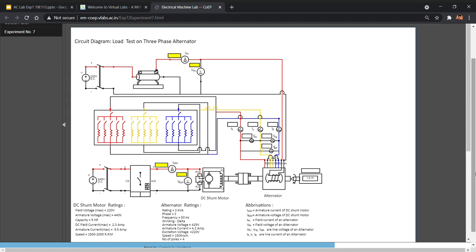Firstly, the alternator needs mechanical input, so let us give supply to the DC shunt motor by closing the DPST switch. We can increase the speed of the alternator by increasing the speed of the DC shunt motor with the help of this starter until the alternator reaches its rated speed, which is 1500 RPM.